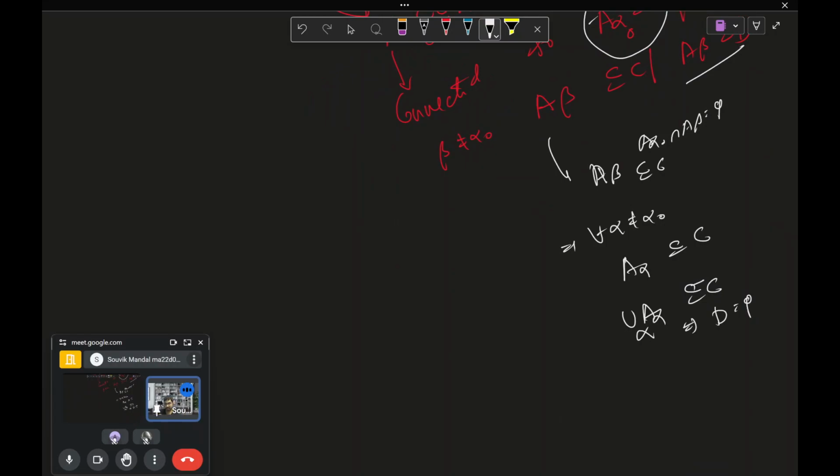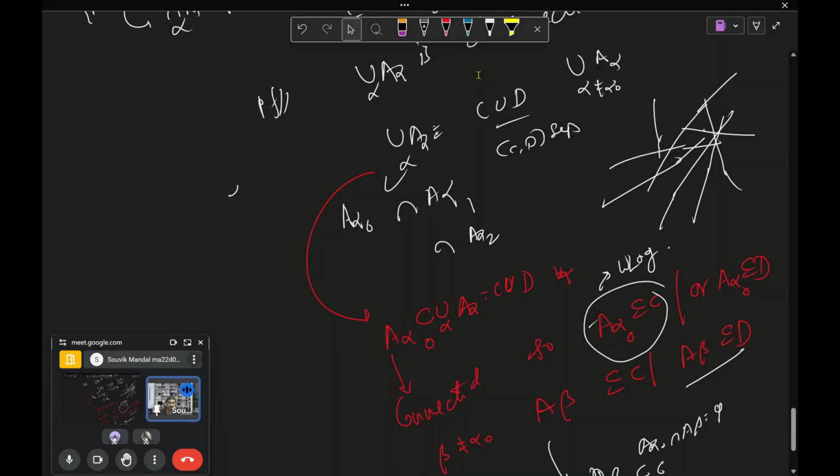So what have we done? We started the proof by contradiction, writing the union of A alpha as C union D. Then we started with a particular alpha naught.